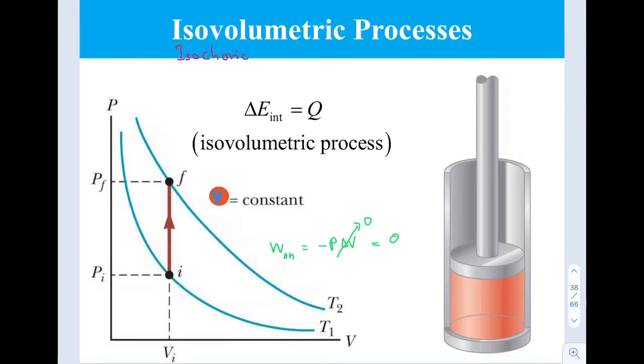So in our first law, delta E internal is equivalent to Q plus W on, and this part is 0. That is why we have delta E internal equivalent to Q only. This is specifically for isovolumetric processes, or isochoric as we call it.